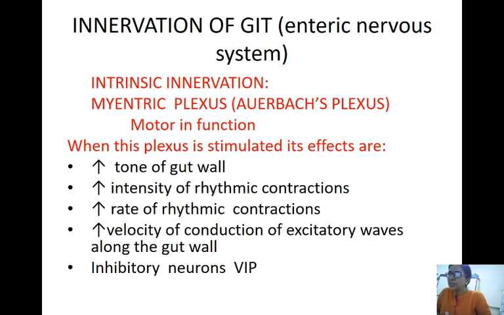When it is inhibitory, it means it can relax. So the food from the stomach will enter the duodenum, and in the same way from the ileum it will go into the cecum. So it has an inhibitory effect there. Inhibitory effect means, in other words, it will relax the gut there. So this action is seen near the pyloric sphincter and the ileocecal sphincter.